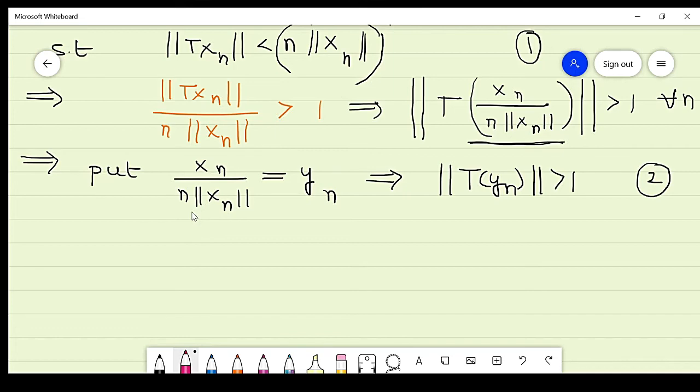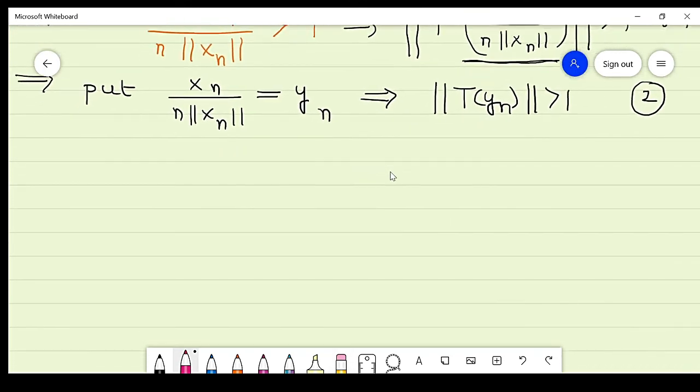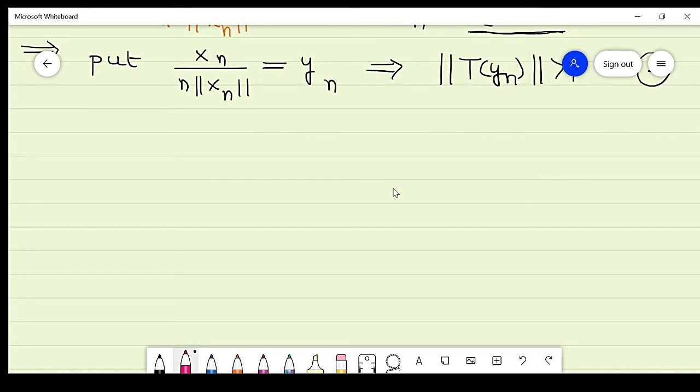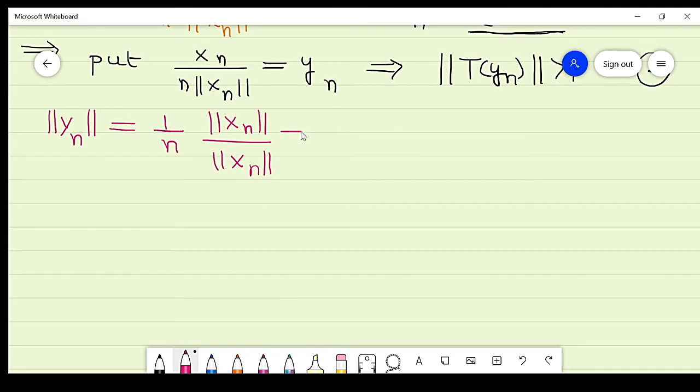Now from sequence yn, just see that its norm is 1 by n. How? Norm of yn is equal to 1 by n into norm of xn over norm of xn, which is equal to 1 by n, and this approaches 0 as n approaches infinity, right?